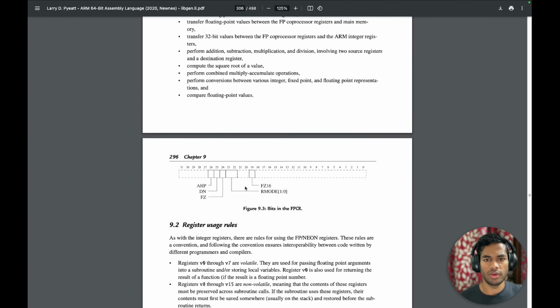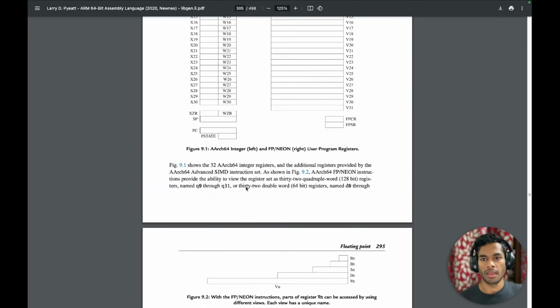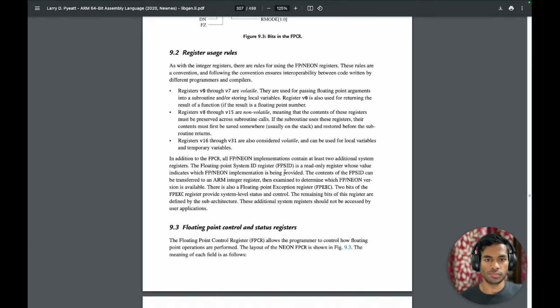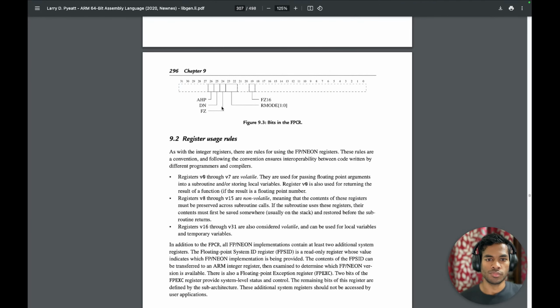It seems like it is only 32 bits long, and it is actually only 32 bits long. From the 26th to the 22nd bit we have some special bits, and the 19th bit is also special.